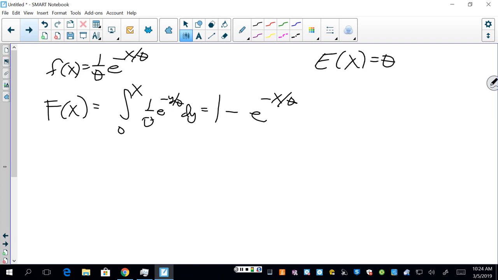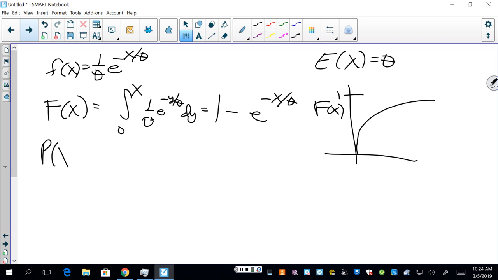And so that ends up being the cumulative distribution function. It slopes up pretty fast and then asymptotes at 1, because a lot of the probability happens right away, and then there's a long tail that goes out there.